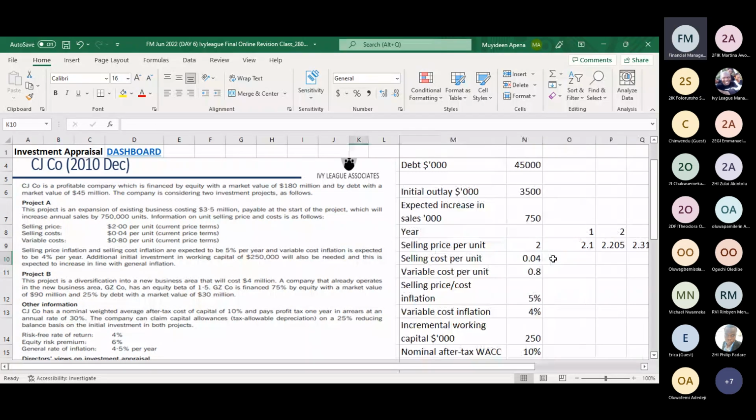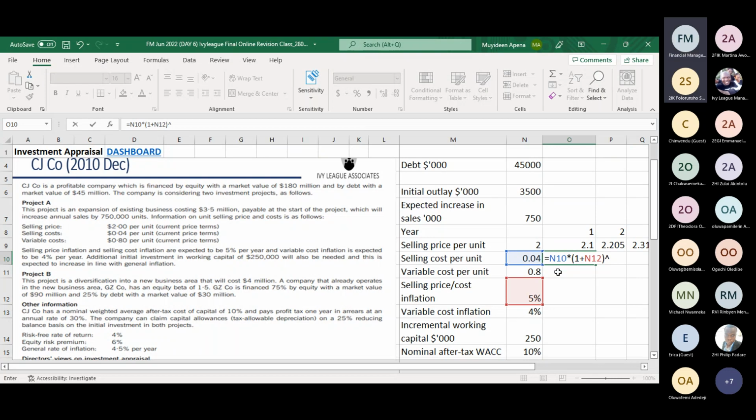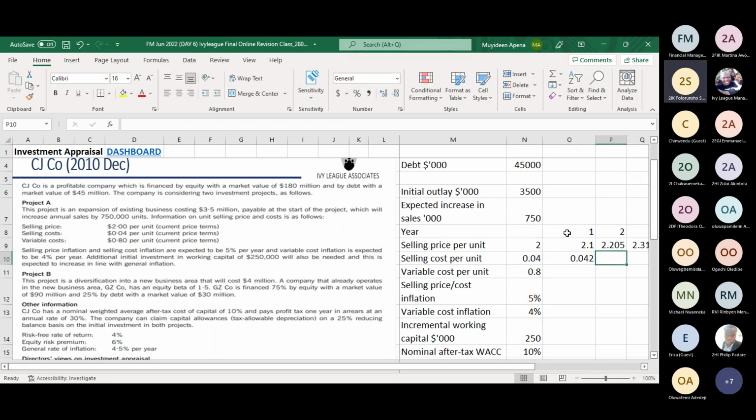Moving on, let's do the selling cost. It equals 4 cents times, we are told the same 5% applies to it, raised to power 1. Year 2, 4 cents times 1 plus 5% raised to power 2.